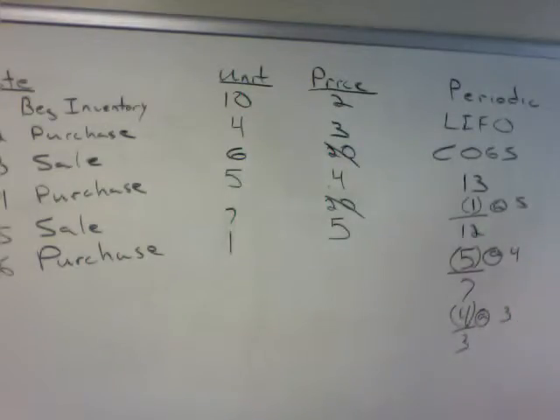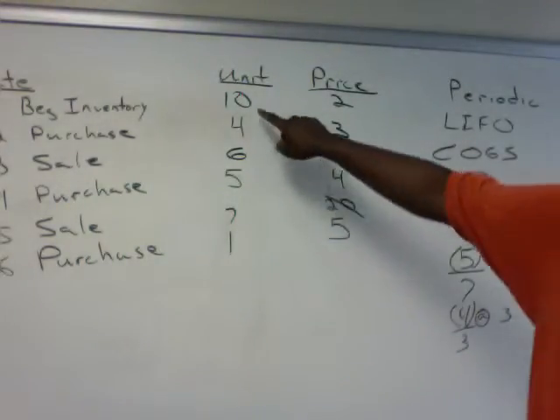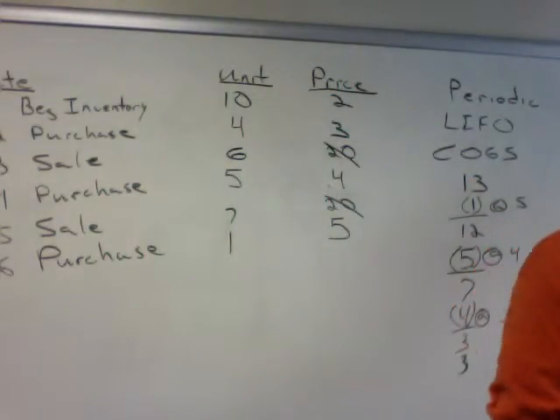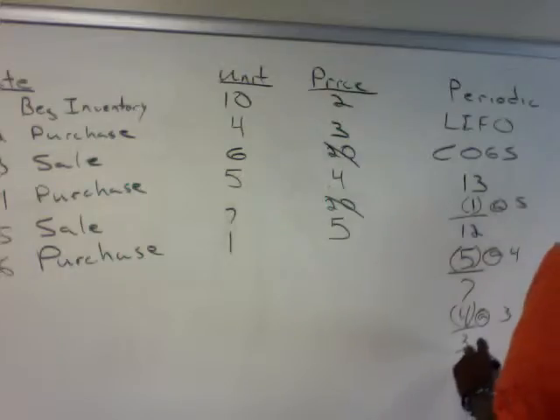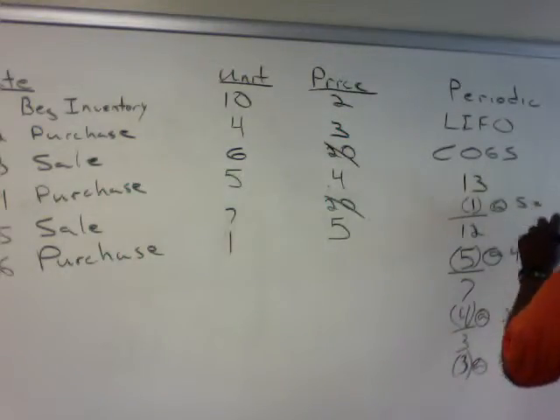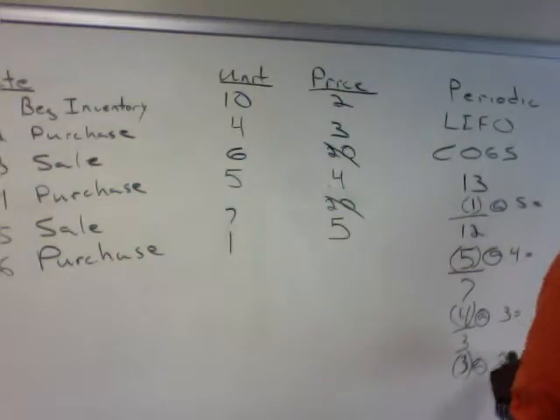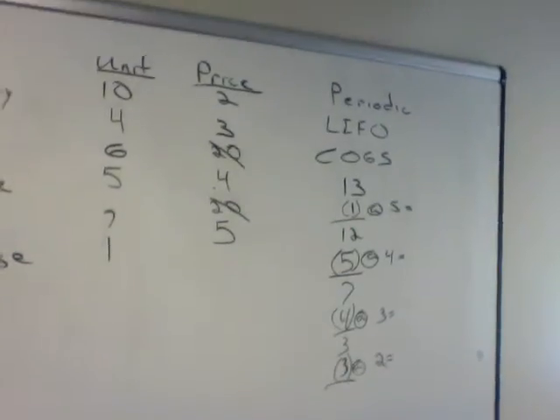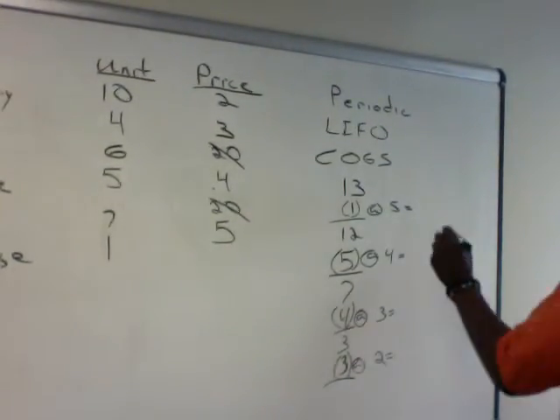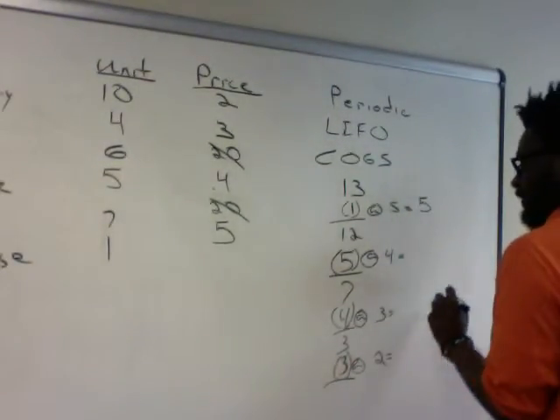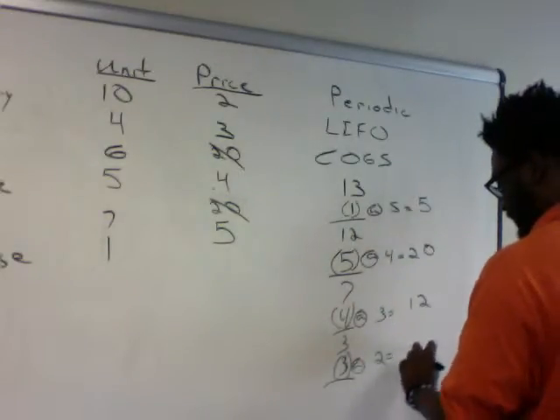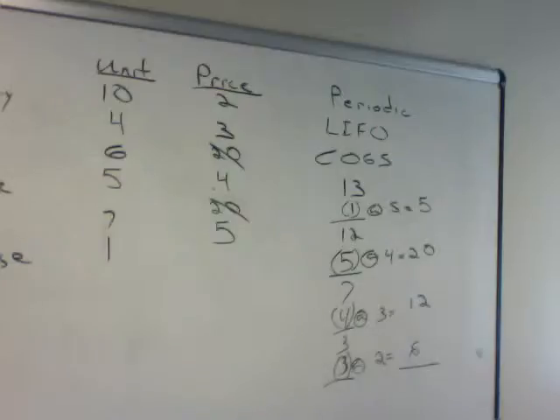We have 3 units left, and obviously the 3 coming out of beginning inventory. So beginning inventory, 3 units at $2. And so this gives us our total cost of goods sold. So this would be 5, 20, 12, 6.